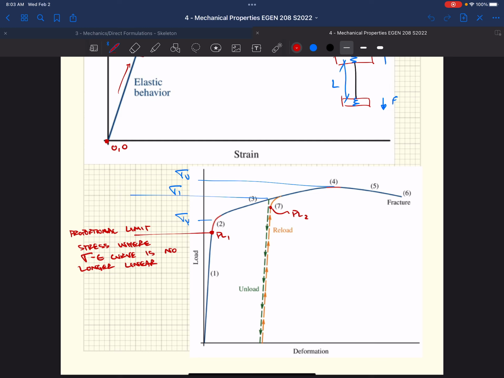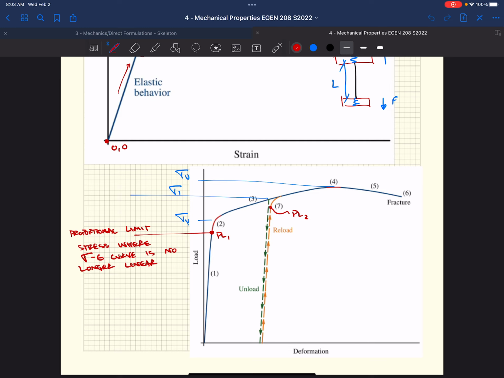Now when we reload it, we get a higher yield stress. It's going to stay linear elastic further. It's going to have some permanent set, or some permanent deformation in that bar, some amount of strain that we're never going to get back, unless we were to put it into compression. Then we'd have a stress-strain response that does the exact same thing, just mirrored in both axes.